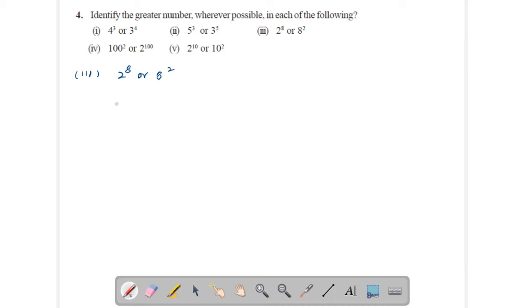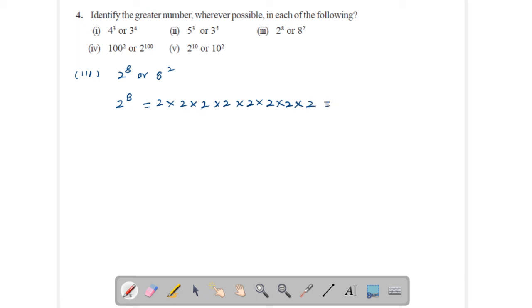Here take first number 2 raised power 8. 2 raised power 8 means 2 is multiplied 8 times. So 2 into 2 into 2 into 2 into 2 into 2 into 2 into 2.